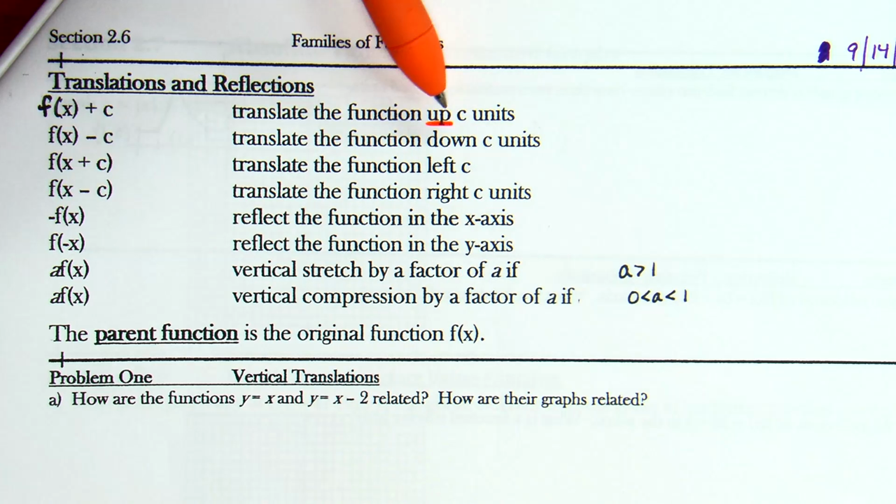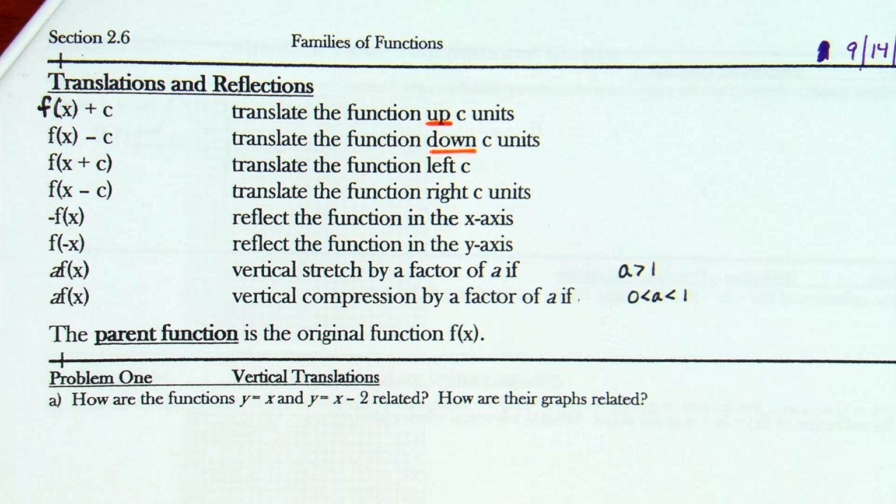Whereas what if the number is subtracted at the end? If a number is subtracted at the end, that's going to tell my graph how far to move down. To me, that kind of makes sense, that a plus a number would take my graph up, minus a number would take the graph down. That's how it works with vertical translations when you're going up and down.